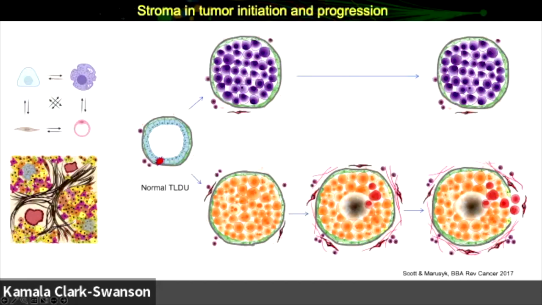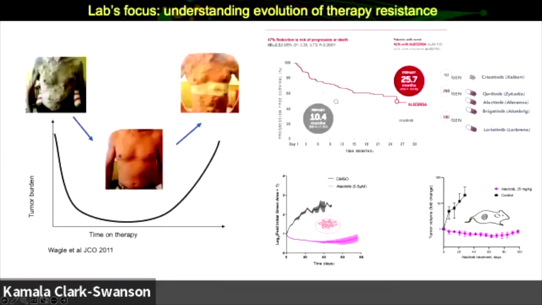There have been studies that show that genetic changes, for example a PTEN deletion in fibroblasts, can be capable of inducing carcinoma in mouse models.